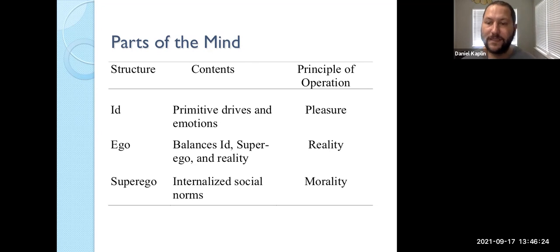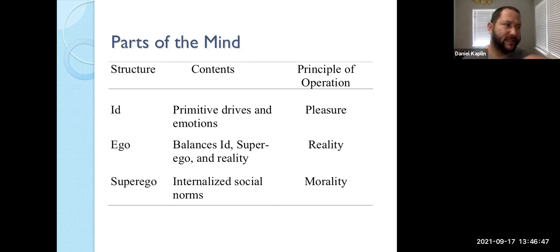So it operates based on a morality principle. And whereas the id seeks instant gratification and pleasure, the superego seeks to defer pleasure. So what's interesting is I describe the ego as sort of like a mediator, because the id and the superego are constantly in battle.